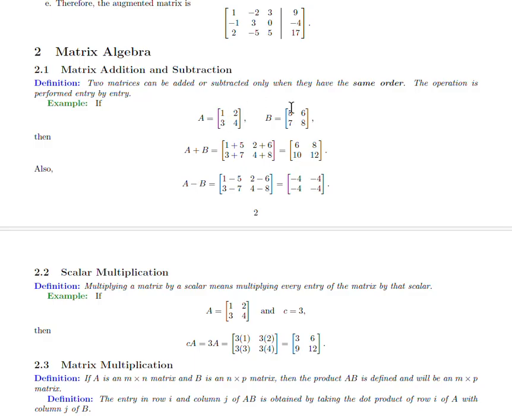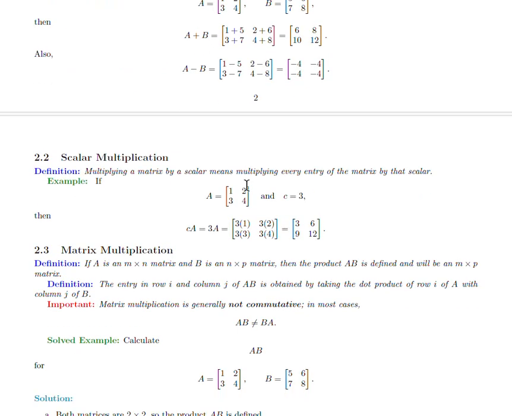So here 1 plus 5, 2 plus 6, 3 plus 7, 4 plus 8. We'll take those sums. 1 plus 5 is 6, 2 plus 6 is 8, 3 plus 7 is 10, 4 plus 8 is 12. So this is our resulting matrix, our answer at the end of the day. A minus B is similar. The operation sign just changes.